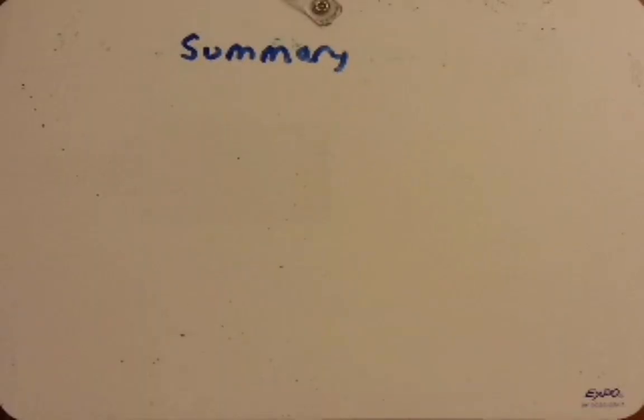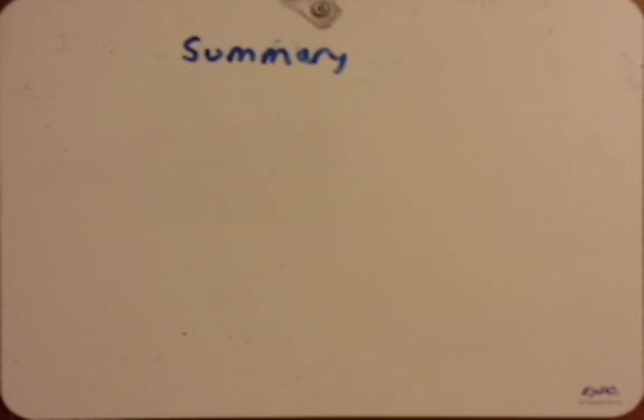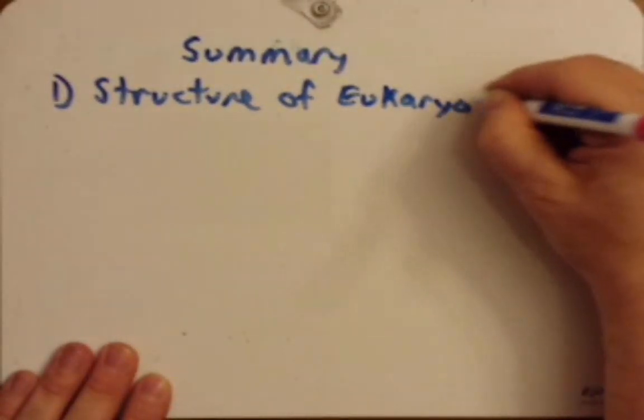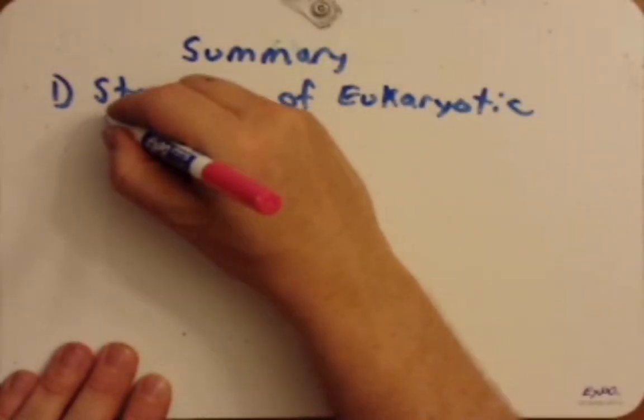Now that ends this podcast on eukaryotic chromosome structure and packaging. Let's do a quick summary here. What you should have got out of this podcast is the structure of eukaryotic chromosomes.